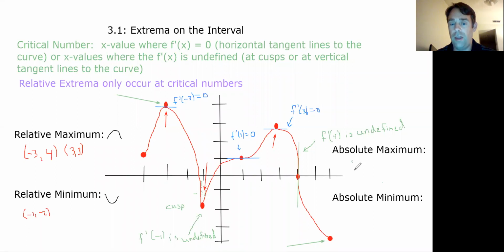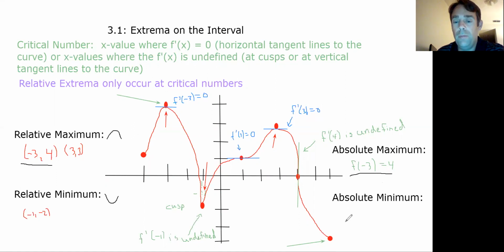This occurs at f of -3 equals 4. So the relative maximum and the absolute maximum ended up being located at the same area, but you notice they're written differently. One's a point, absolute is a value.